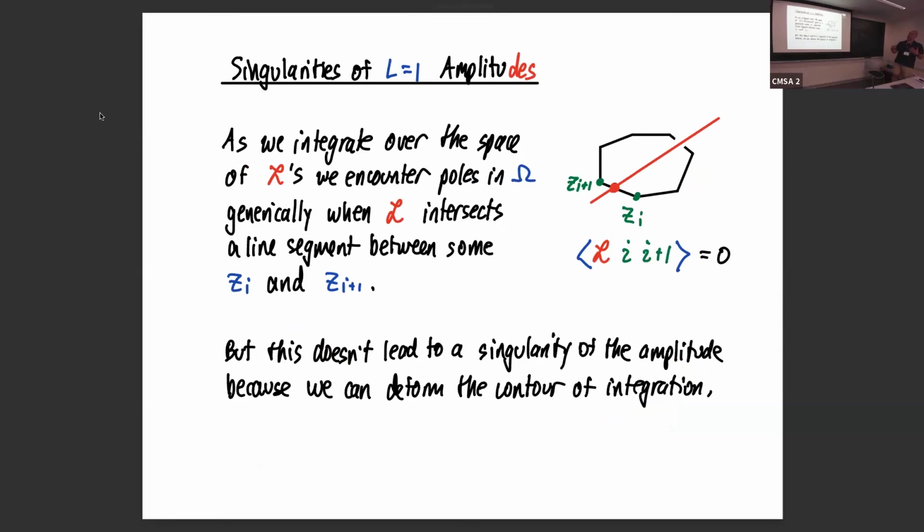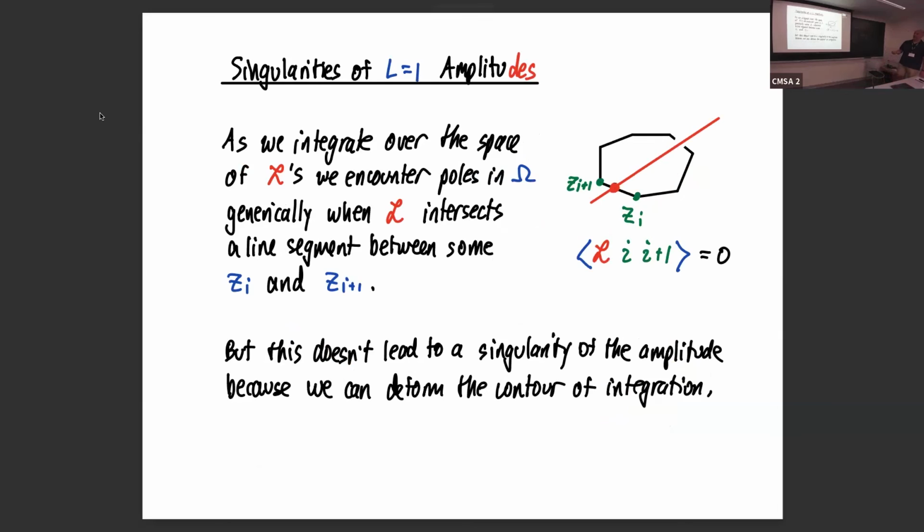So we integrate over the configuration space of lines. Naturally, we'll encounter poles in that integral when the line, for example, hits one of the edges of the polygon.